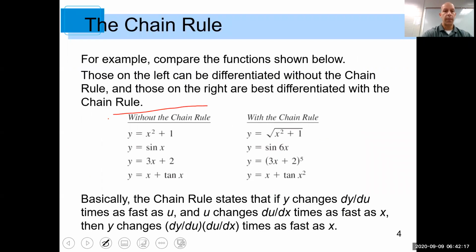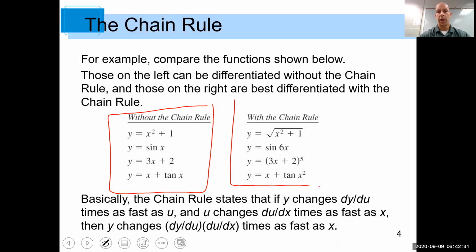So here are some examples of equations that would not require the chain rule, because if you look at them, you can see that they really don't look like a composition of functions. But if we look at these particular examples, we can see that the chain rule is probably going to be necessary, because this is a composition of a square root function with an x squared plus 1 function inside of it. Here we can see that we have the sine function with the 6x function inside of it.